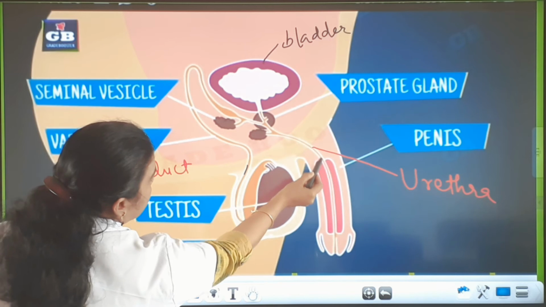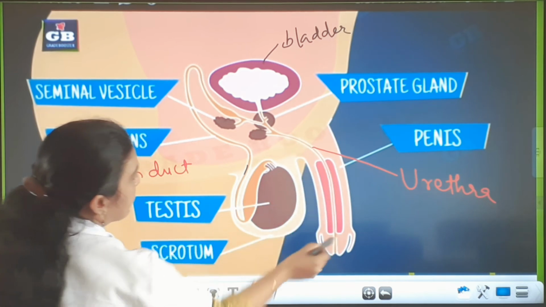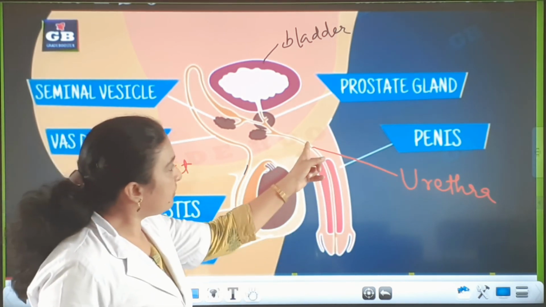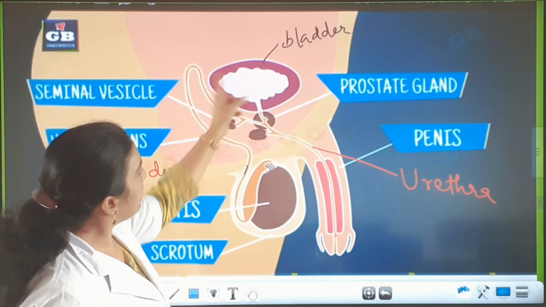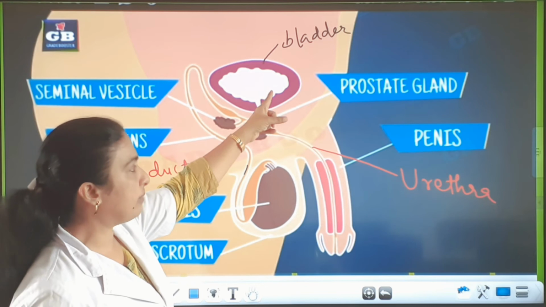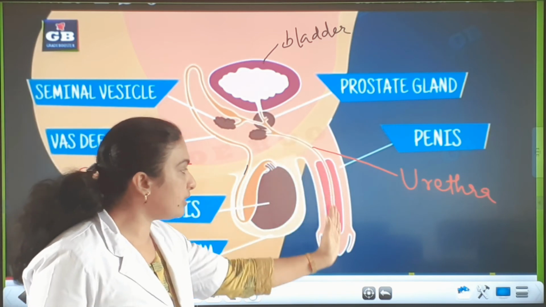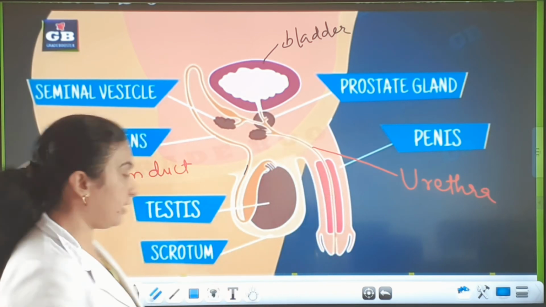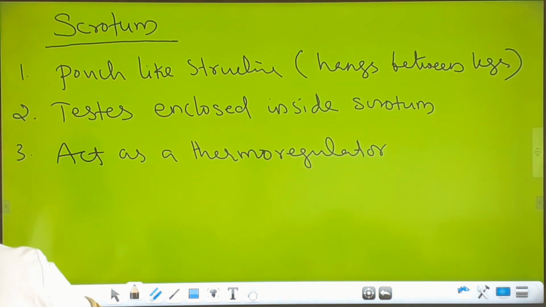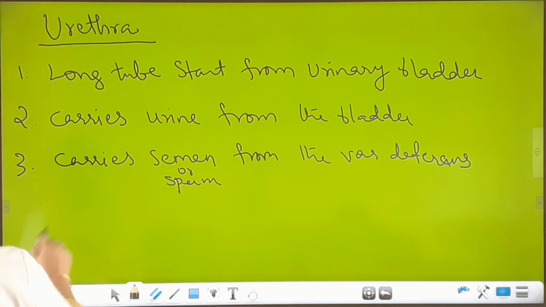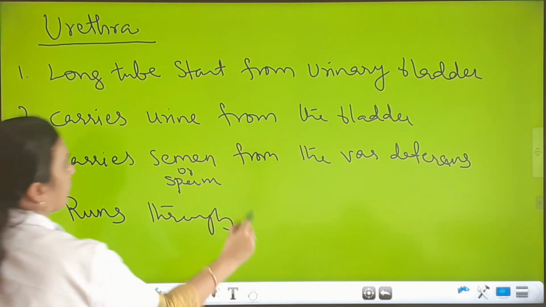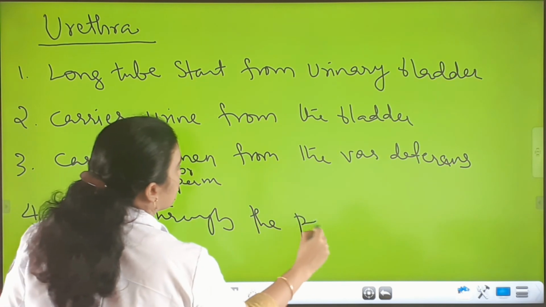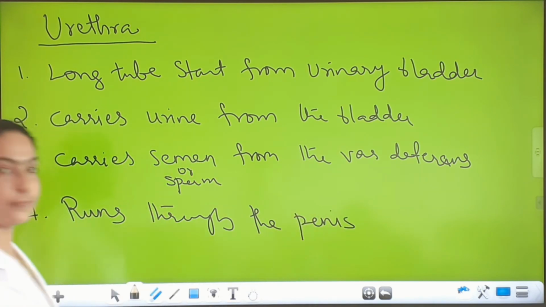That urethra, you can see, runs through the penis. So this urethra can carry sperm from the vas deferens and urine from the urinary bladder. Then it runs through the penis. That we can also write over there: runs or passes through the penis.